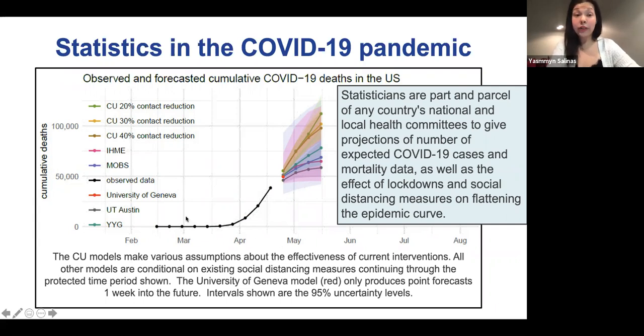So what I'm showing you here is, these points in black are our observed data from February all the way until mid-April, last week. And then all of this right here are the predictions. These different predictions are making different assumptions about how well social distancing works.